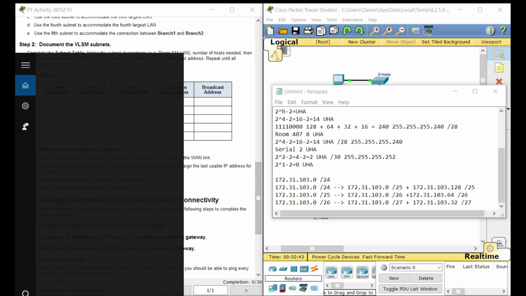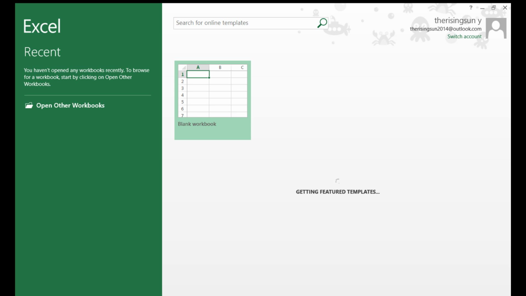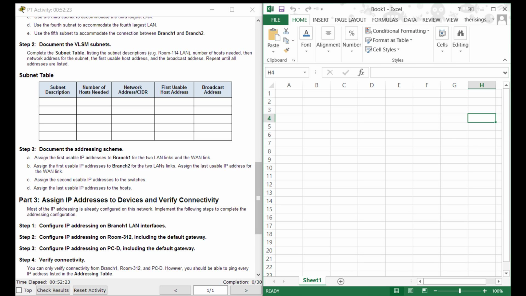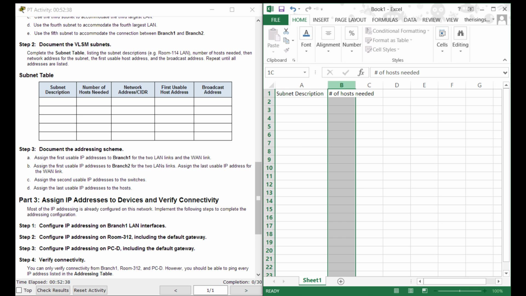Alright, I'll just go ahead and pull up an Excel. Open up a blank workbook. Subnet description. Number of hosts needed.